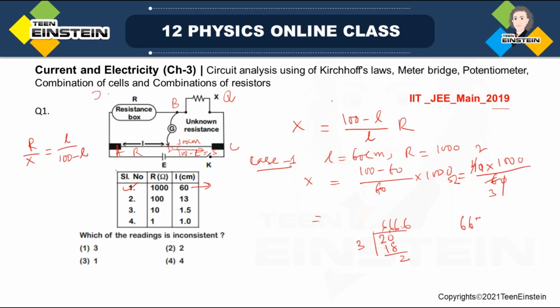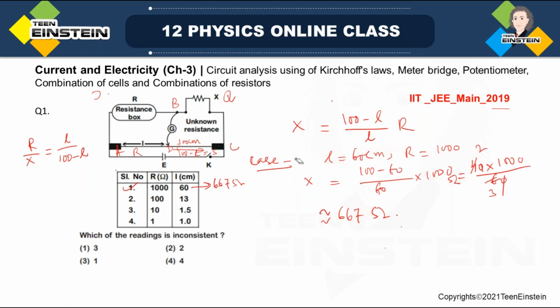Nearly 667. We take this as 667 nearly, and this is in ohm. Okay, so the first reading gives 667 ohm unknown resistance.